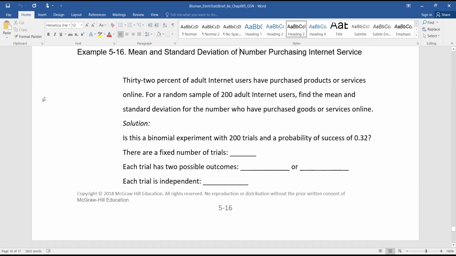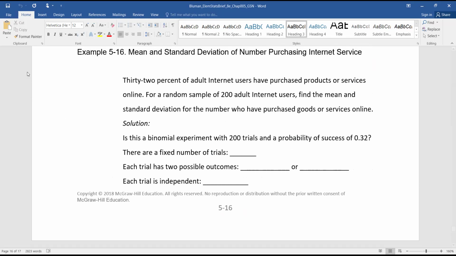In example 16, we find the mean and standard deviation of the number purchasing internet services. 32% of adult internet users have purchased products or services online. For a random sample of 200 adult internet users, we're going to find the mean and standard deviation for the number who have purchased goods or services online.